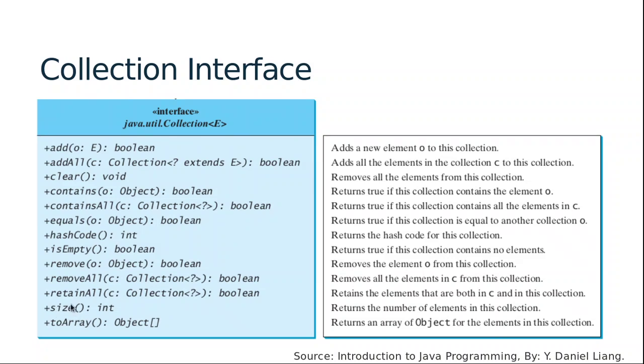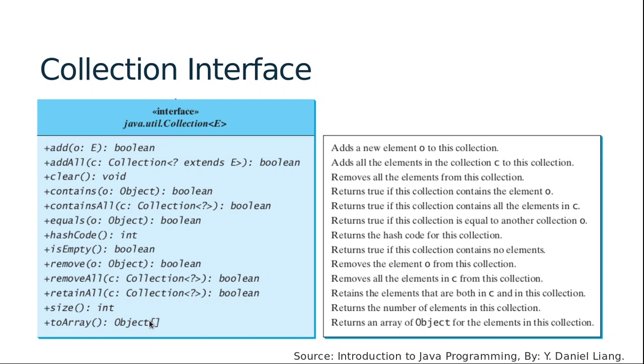Then the size method will simply give you the size of your collection, and the toArray method is going to convert your collection to an array object, and then you can iterate your array. Let's have a look at a few of these methods.